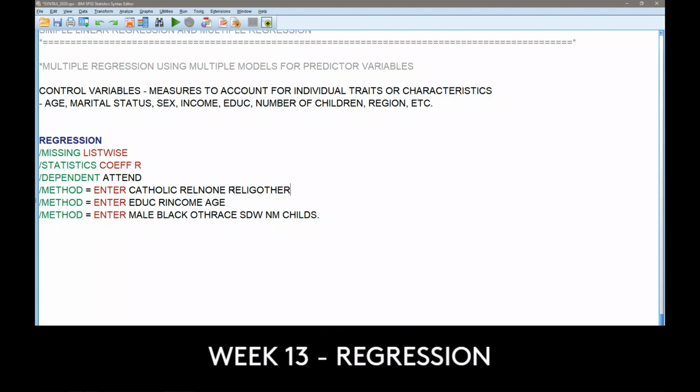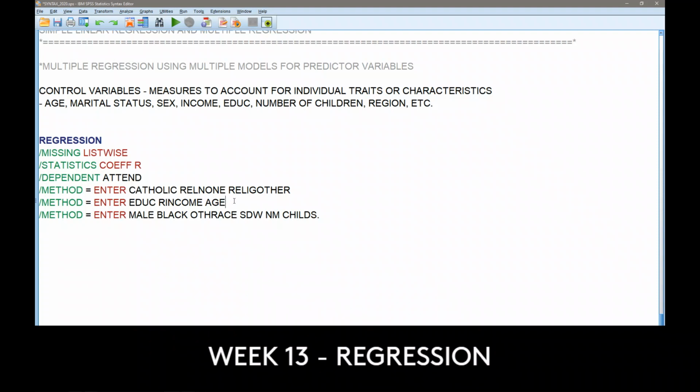Now, after I check the relationship between denomination and attendance, I want to then account for a person's education, their income, and their age, okay? And I want to see how these factors change the relationship between denomination and attendance, okay?